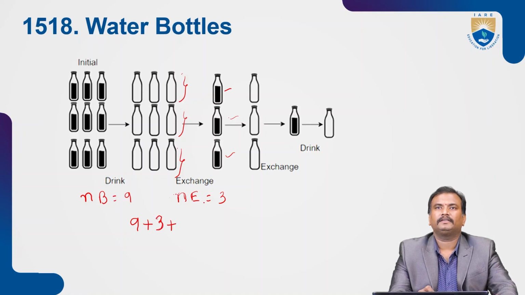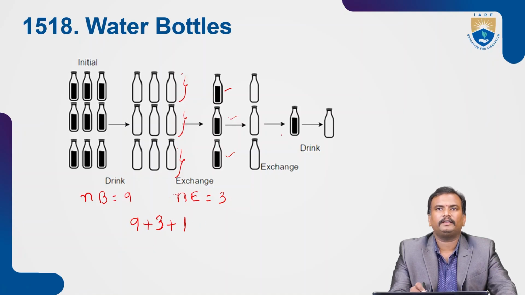And then after drinking these 3 full bottles, again we are going to get 3 empty bottles. These 3 empty bottles, if we exchange, we are going to get 1 full bottle, and that full bottle we can drink, and we add that to the number of drink bottles.